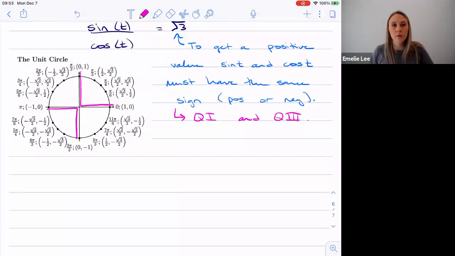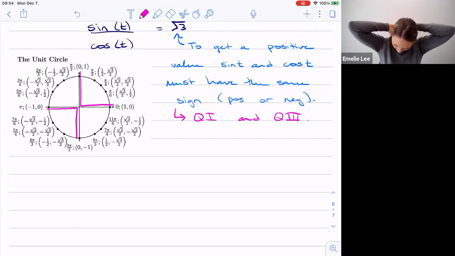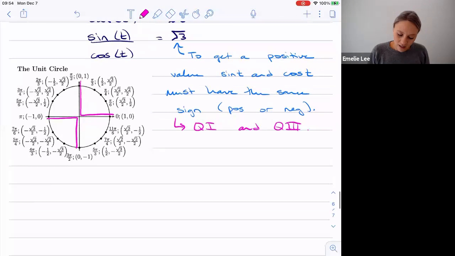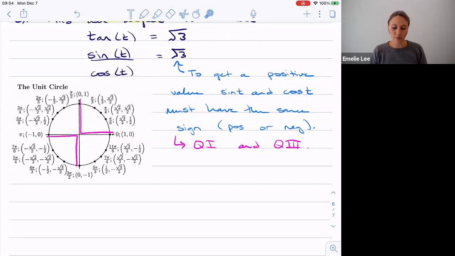So that's where I'm going to focus my attention. That's where both of them have the same sign. And I need to find a terminal point with a y value over an x value that's going to cancel to root 3.